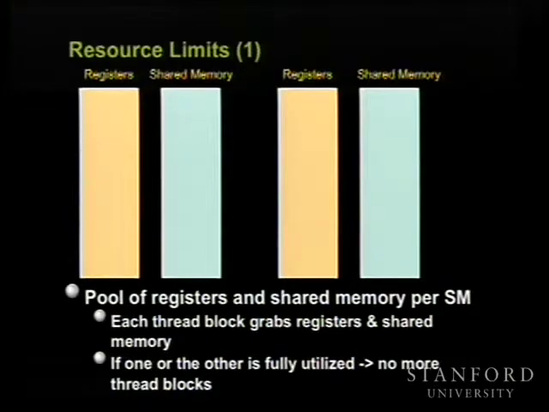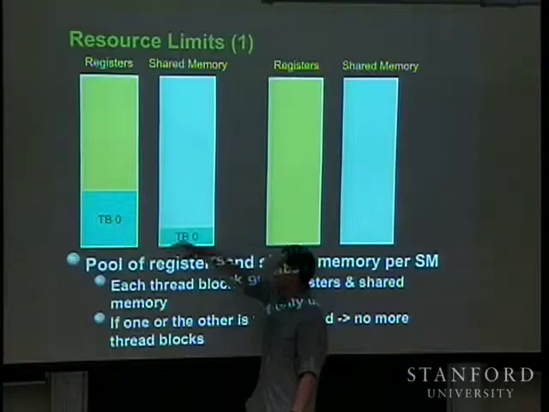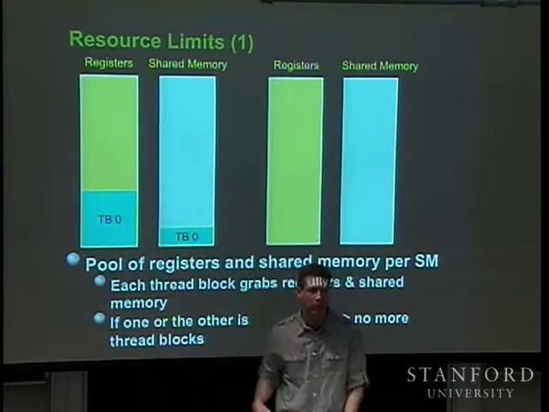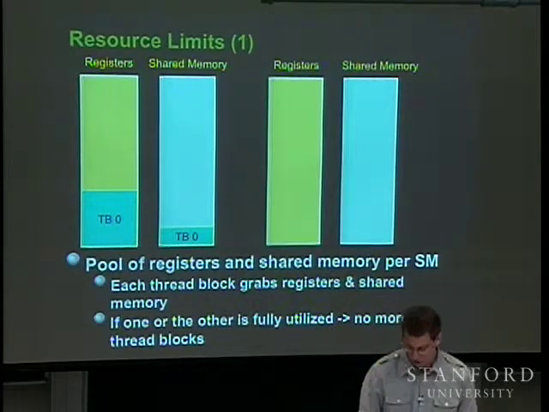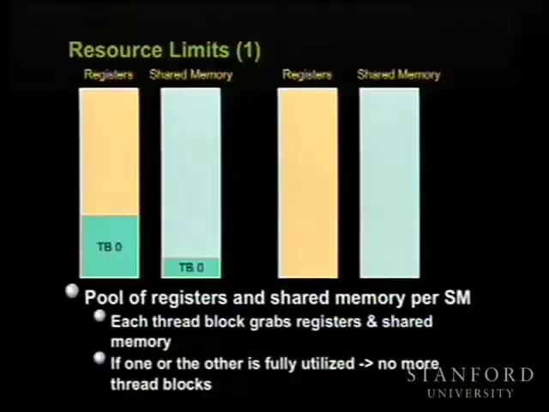As an example, you have a certain number of registers for each streaming multiprocessor and a certain amount of shared memory. If you have some kernel with a certain number of threads, and each thread has a certain number of registers and a certain amount of shared memory, then you ask for this many resources. This is no problem, we have plenty, so thread block 0 can start executing.